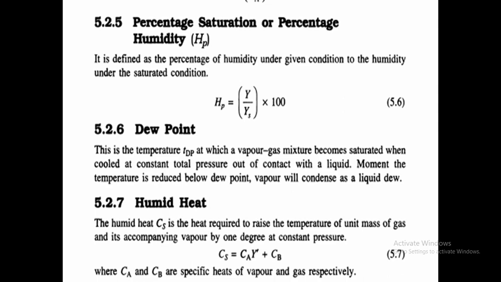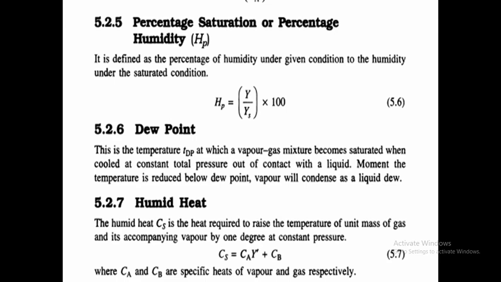So next terminology, humid heat. The humid heat is denoted as C suffix S. It is the heat required to raise the temperature of unit mass of gas and its accompanying vapor by 1 degree at constant pressure.